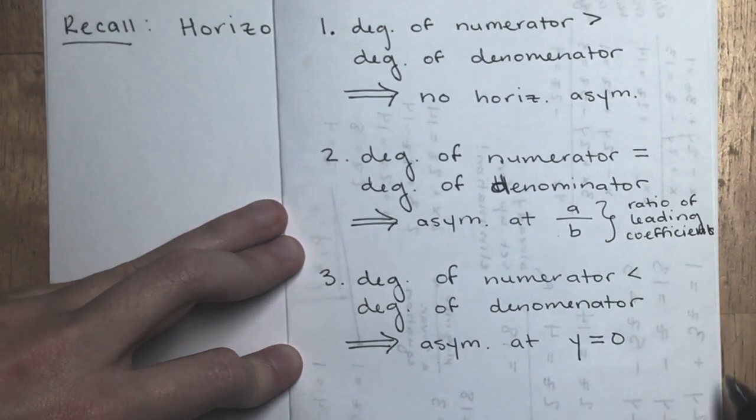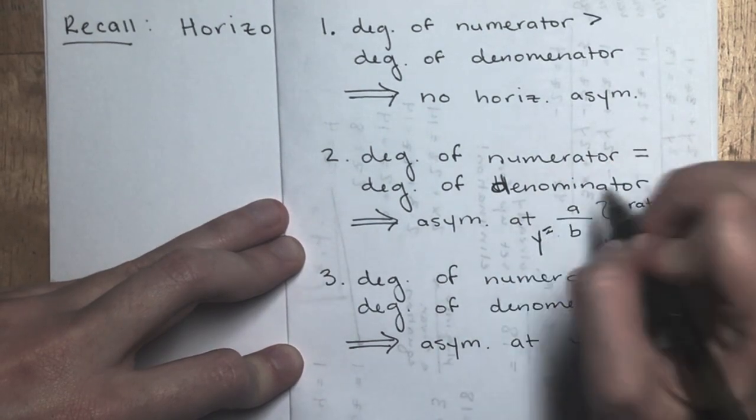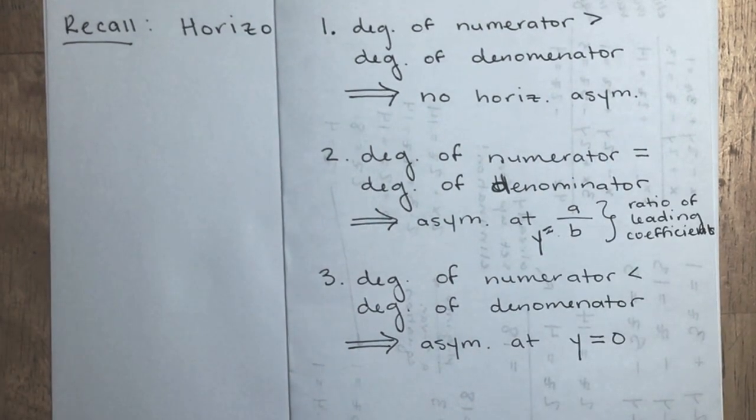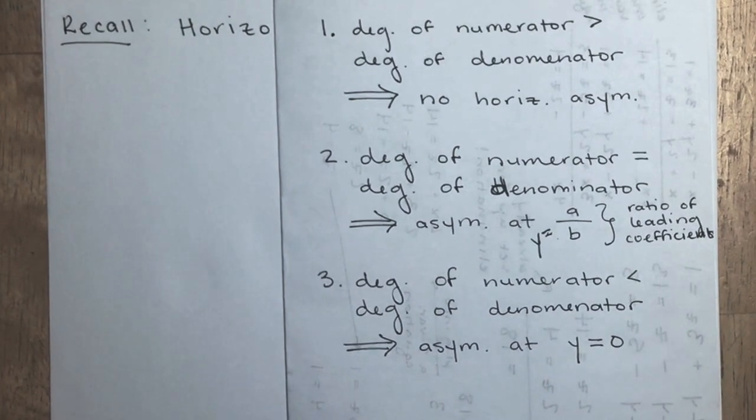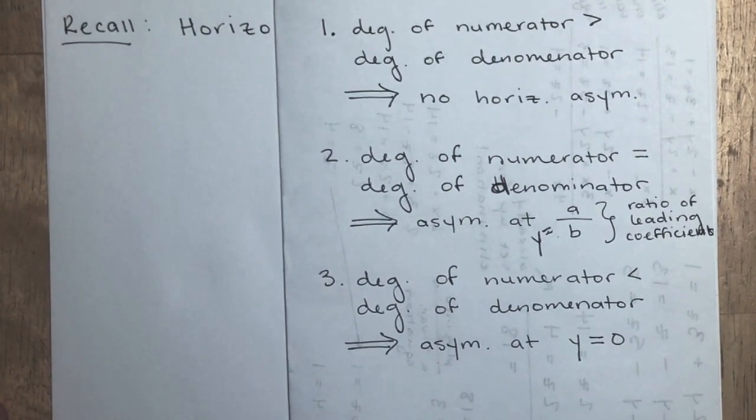And this guy should also say y equals A over B. And remember, asymptotes are always a line. So because of that, we either need to include x equals or y equals, depending on what we're talking about. Okay, so these were the rules before, when we had just memorized them.